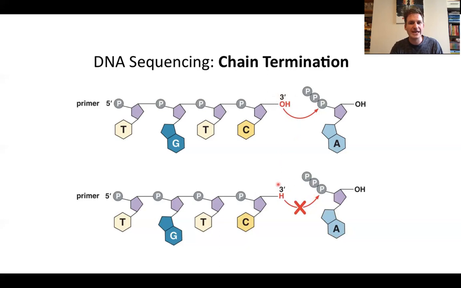So they call this chain termination. It means you can keep adding onto this chain of bases, like a chain of sequences, but the moment a base lacks a hydroxyl group, nothing else can be added there. So it will just stop.